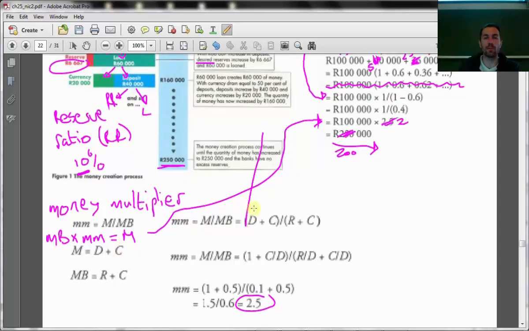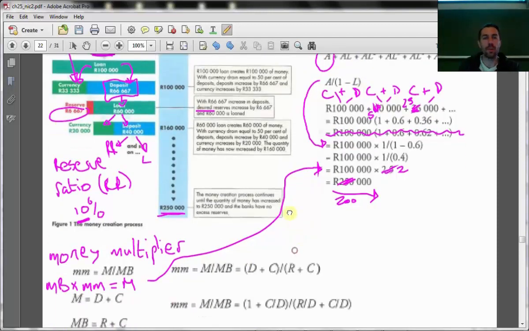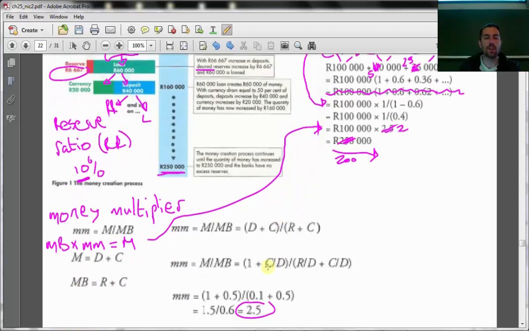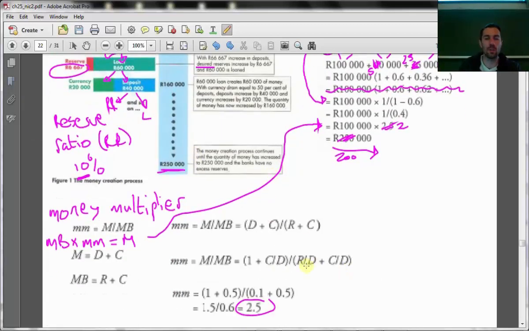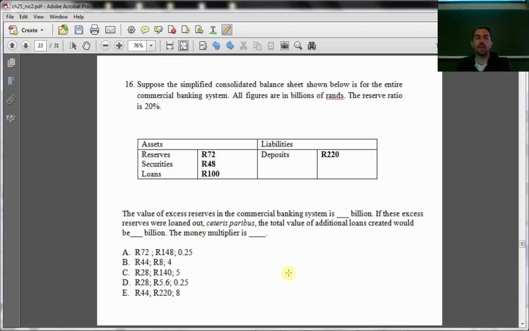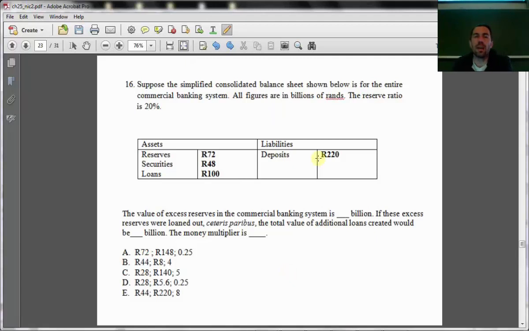If we don't know what L is, but we do know the ratio of cash to deposits and the ratio of reserves to deposits, then we can calculate the money multiplier that way as well. So there are two different ways that you can calculate it. You don't get a formula sheet in the tests or exams, so here's something for you to do so that I can stop speaking.